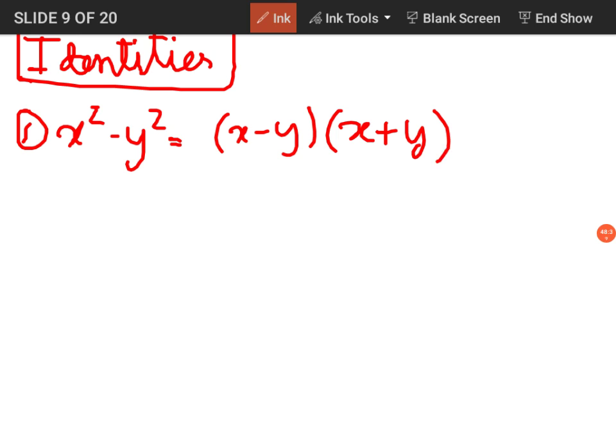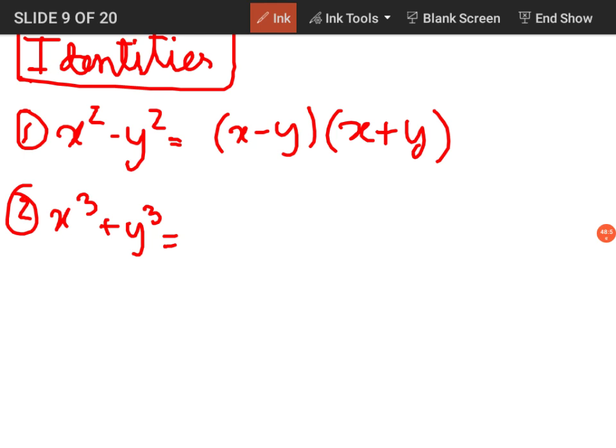Okay. Now the second one is x cube plus y cube. Now there are two forms. One form is the factorized form and another is the general form.